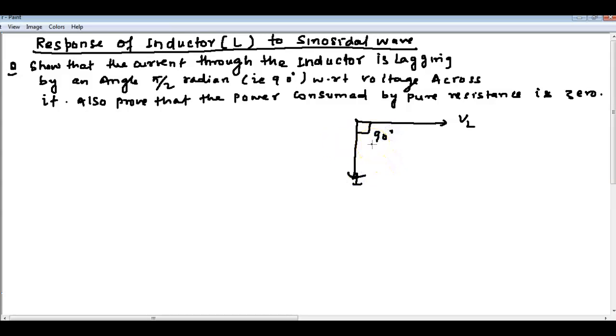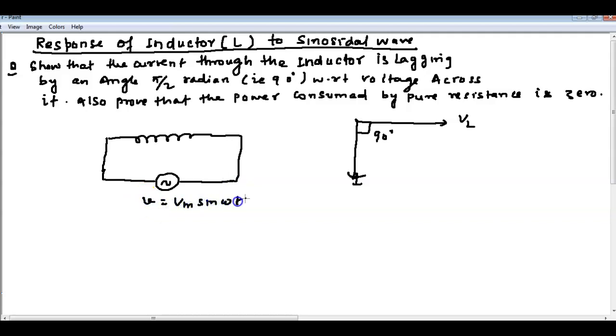I will show you how to find this. Consider one inductor coil connected with an AC voltage V is equal to Vm sin of omega t.